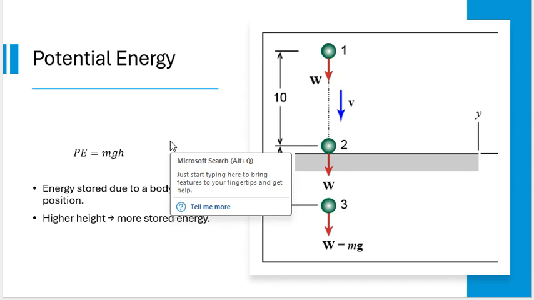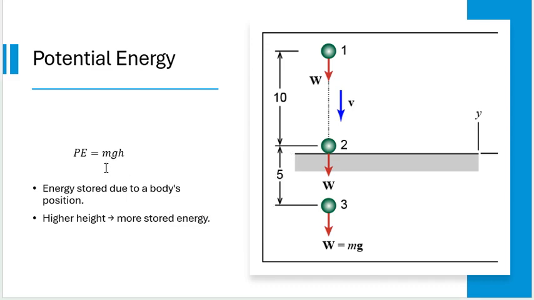Then we will get into potential energy. For potential energy, we usually look at the height. We want to make sure where our things are in this environment, at what height. Depending on the height, you have to use a force to keep that object in that position.